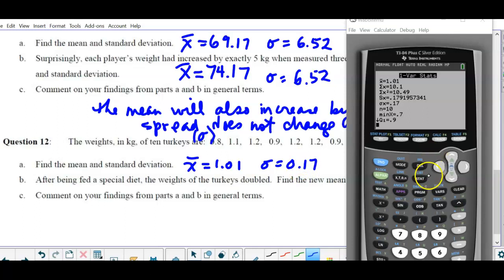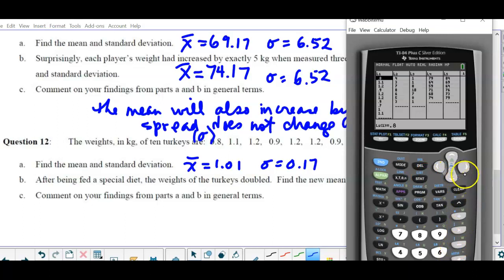Okay, so now, Jaden, you said that if I'm going to clear off this list, if I go up here and say L1 times 2, let's see. Yep, there you go. That's fast. Okay, thanks for that trick.